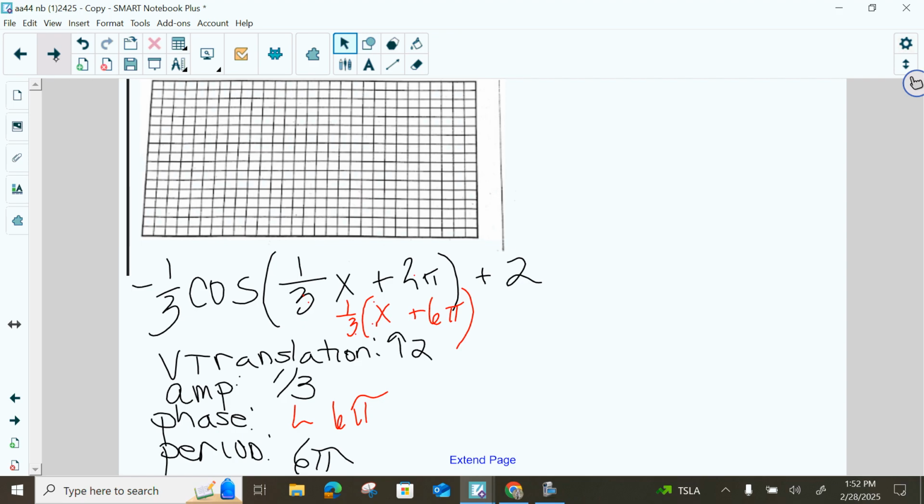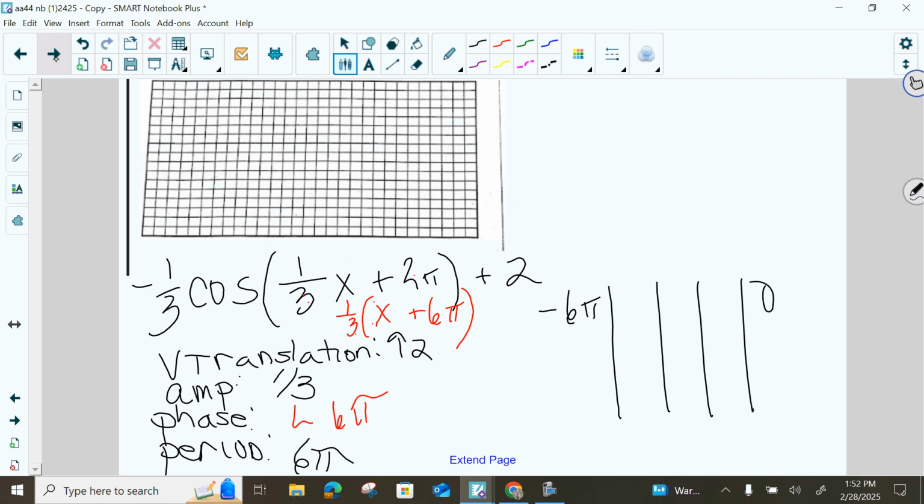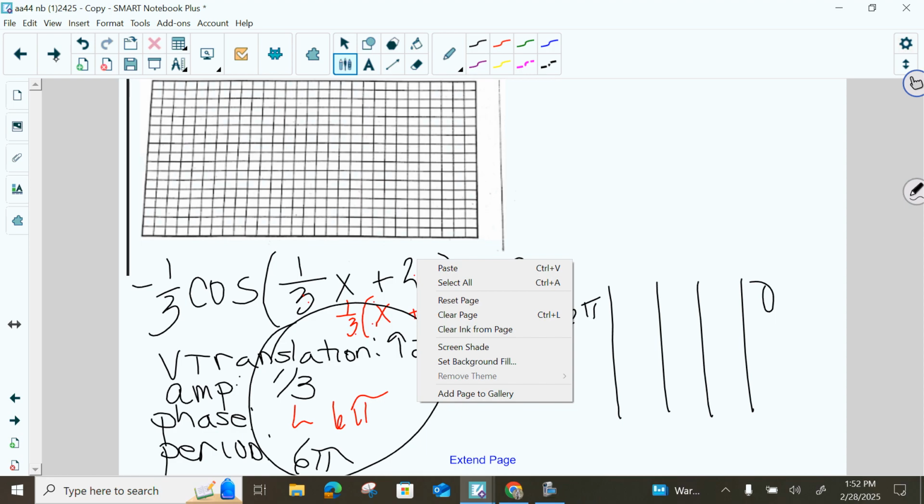Let's check your location. -6 pi to 0. Is that right? How can I check myself? Is that bringing us to -6 pi?